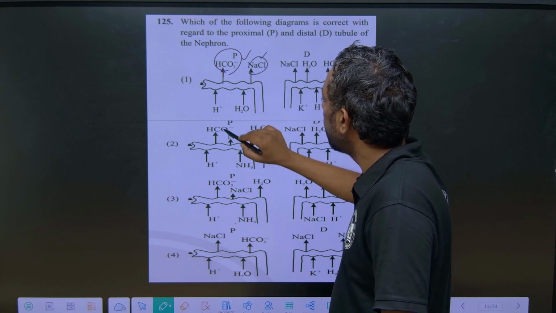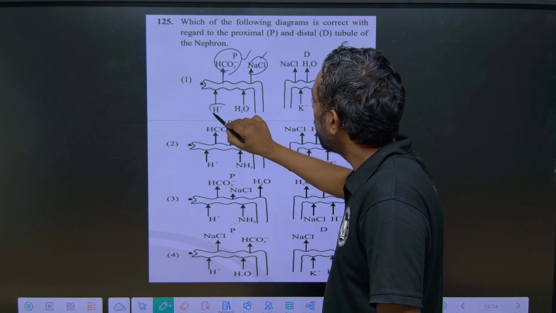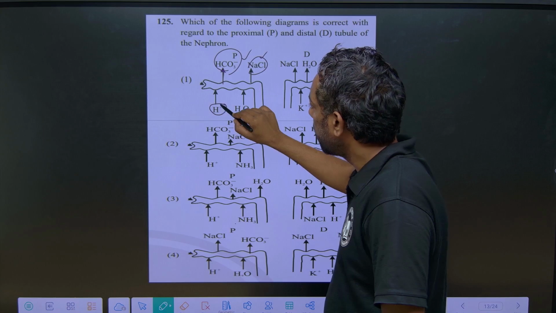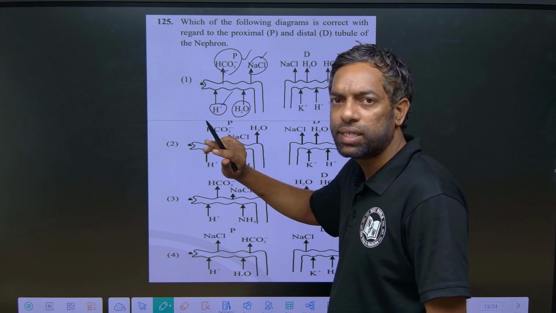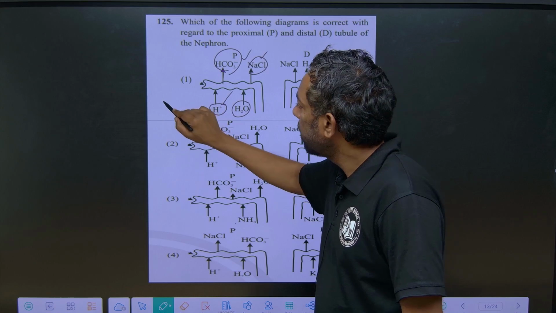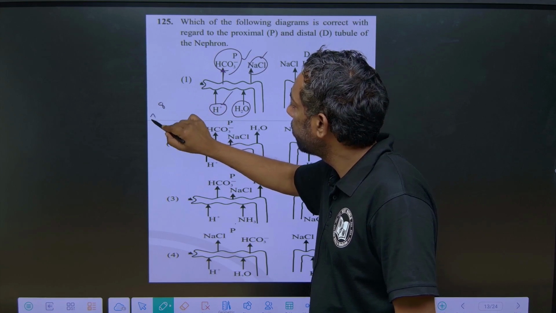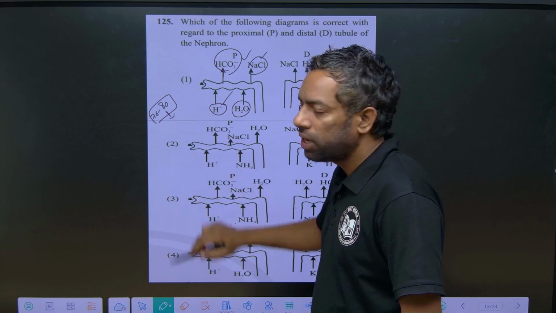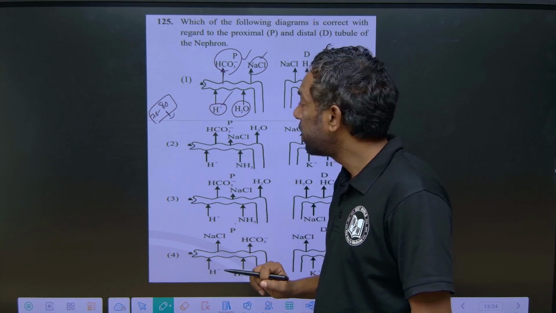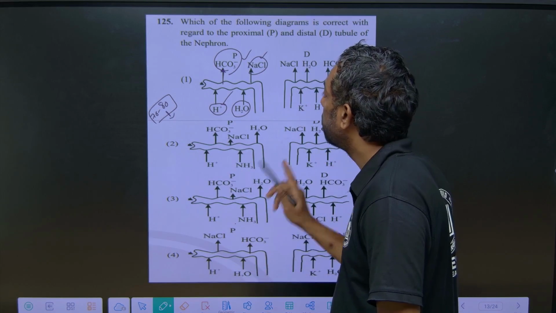Of course, this is right, and they secrete hydrogen and H2O. H2O is not secreted here. 70 to 80% is absorbed here along with fluid. Water is also absorbed in the PCT.